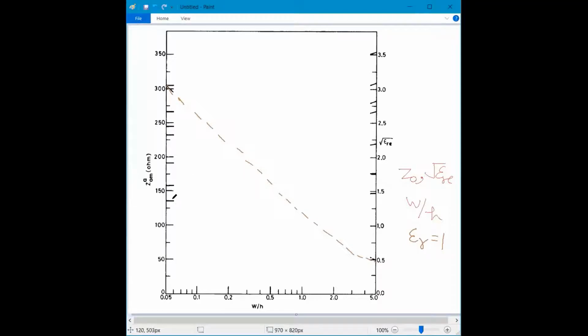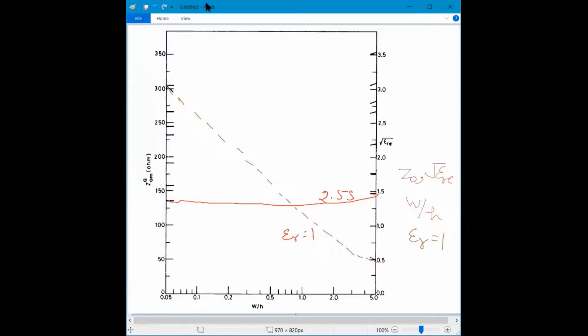This line will pass from this point and it will reach the value 1.5. This is for the value of epsilon R equal to 2.55. This is for the value of epsilon R equal to 1.